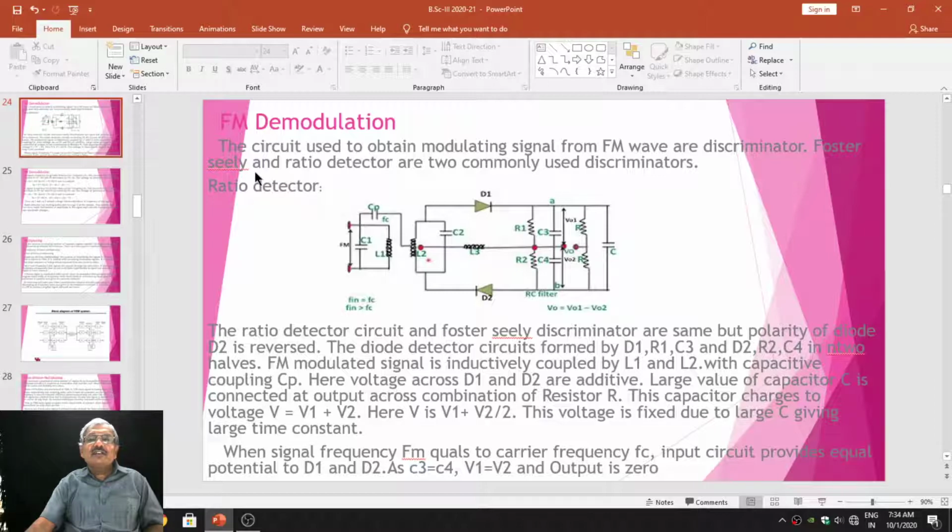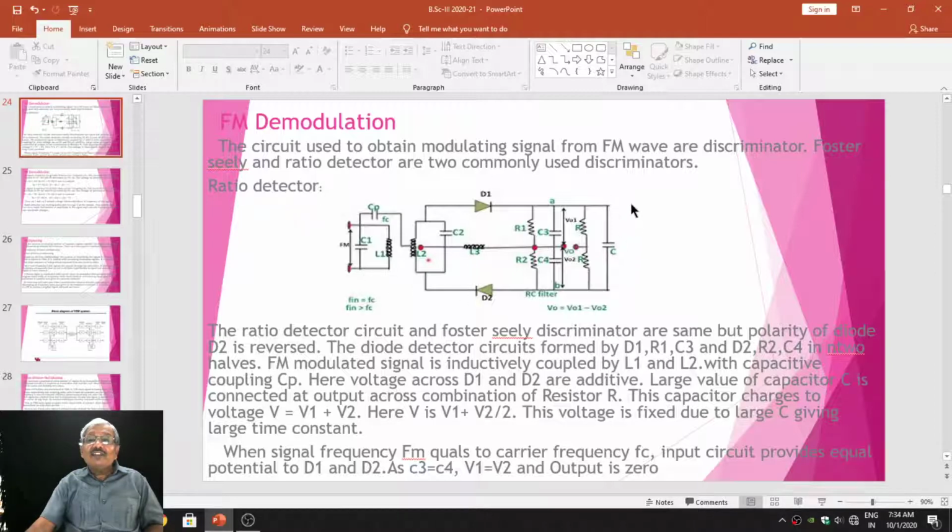Foster-Seeley detector and ratio detector are two commonly used discriminator circuits for detecting the FM modulated wave. We are going to study the ratio detector. The ratio detector circuit is as shown in this particular figure.